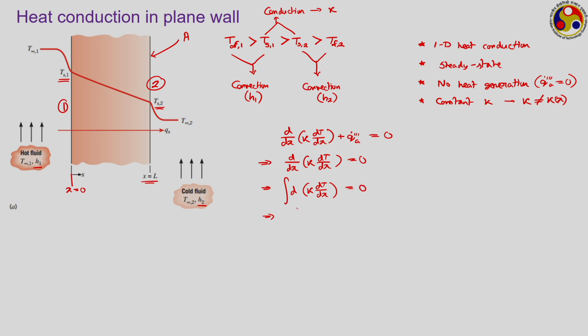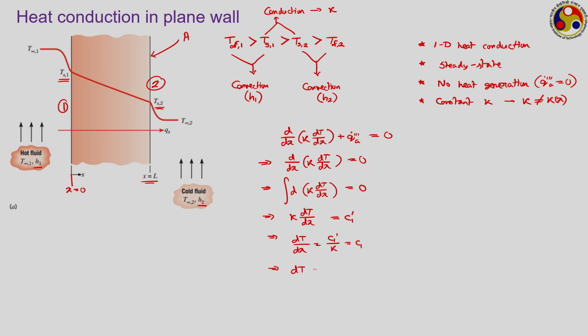Getting this, we are getting K dT dx is equal to some constant C1, and as we are considering K to be a constant, let us say the first constant is C1 prime, and then taking the K on the other side, C1 prime upon K becomes C1.